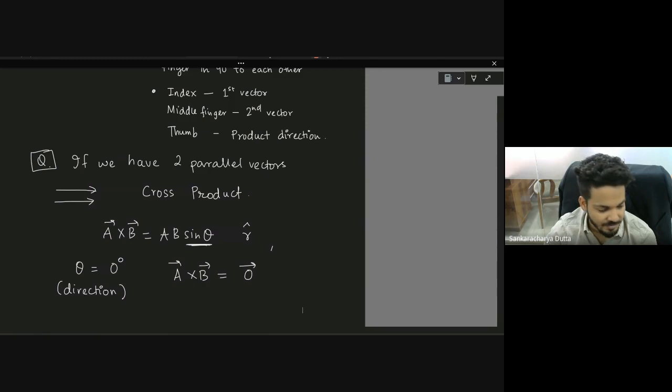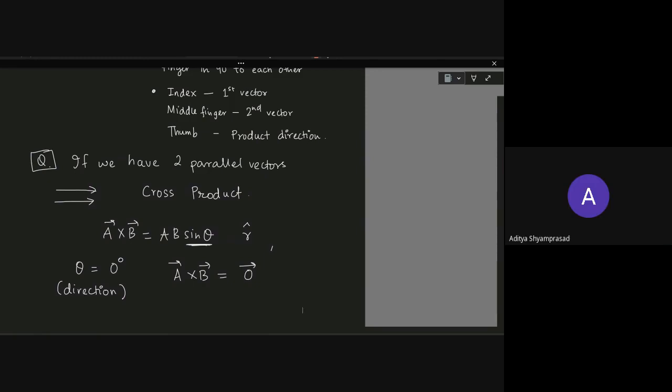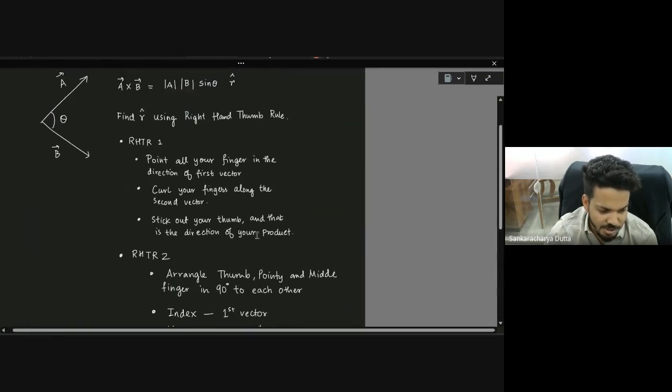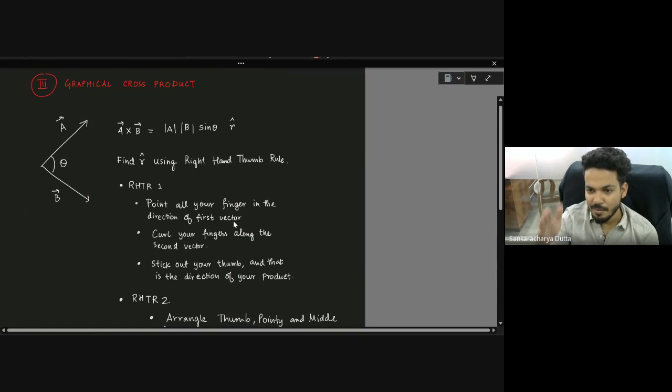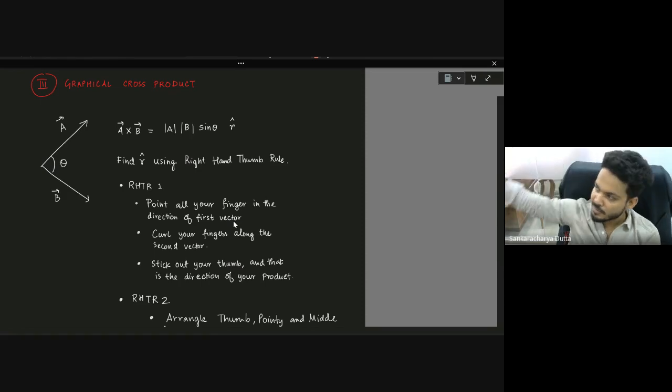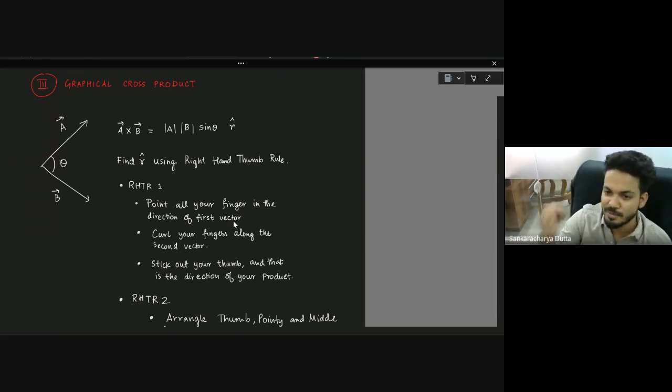Sir, could you repeat the relevance of the R cap? R cap is essentially the direction in which your answer is. For example, force is acting upwards, and let's say R is to your right. What is the direction of torque? It is neither up nor right, it's going to be towards you.